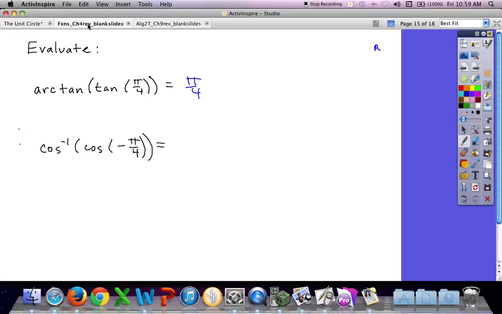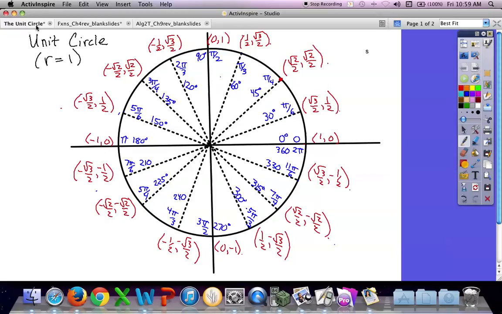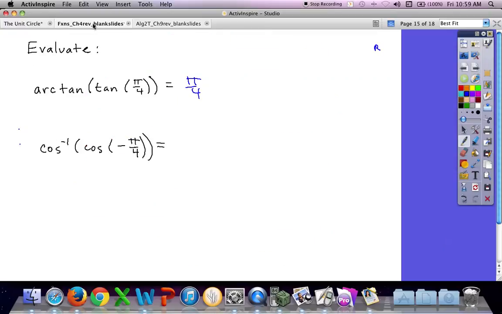We can find the cosine of negative pi over 4. That would be the x-coordinate here. Negative pi over 4 would be there. The x-coordinate is root 2 over 2. So I would say this is the cosine inverse of the square root of 2 over 2. And then that's something that you can find.